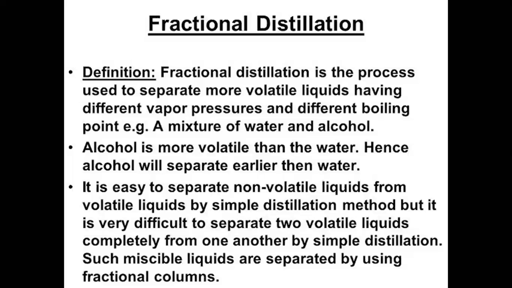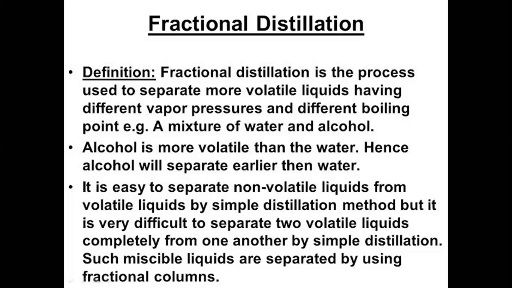An easy way to separate a mixture of miscible liquids is simple distillation. In this process, a liquid mixture is separated on the basis of the boiling points of the constituents. The liquid with the lower boiling point is distilled out first, followed by the liquid with the higher boiling point.